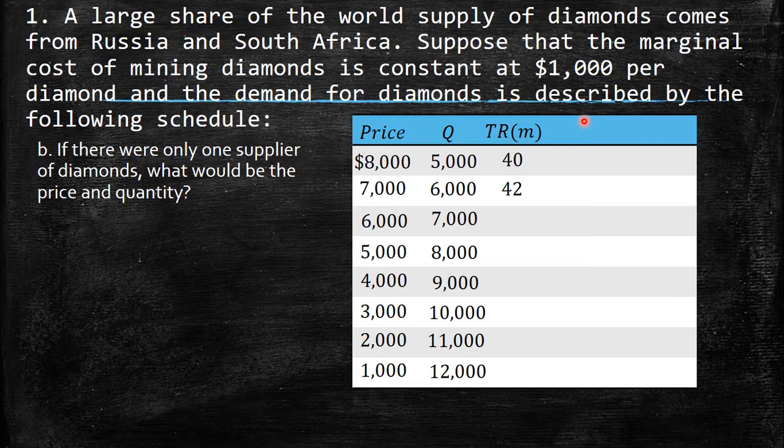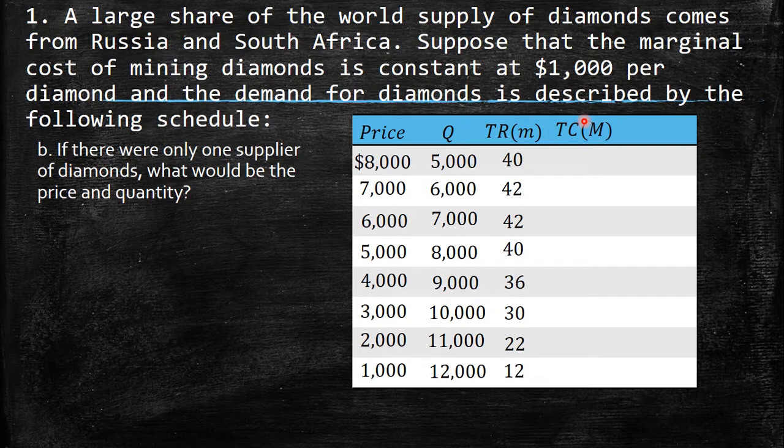Then we have 7 times 6, 42, and so on and so forth. So we fill the table, and then we know that the total cost, measured in millions, is the quantity times the average total cost.